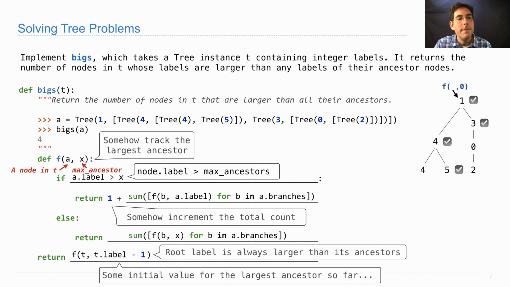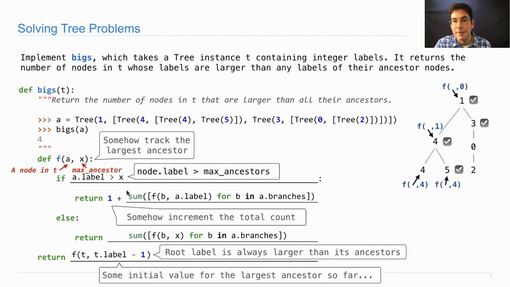Well, I would call f on this subtree, with a label of 4, and I would pass in a.label, the number 1, as the max ancestor. Okay, 4 is greater than 1, and then I'll call f on this node and 4, but that doesn't add 1. And I would call f on this node and 4, and that would add 1.